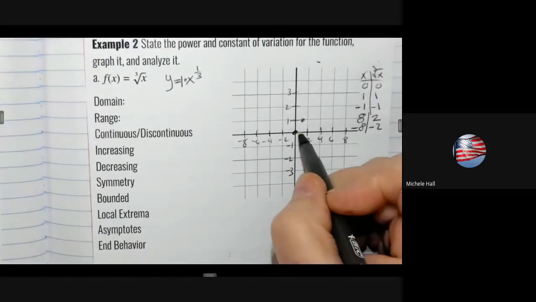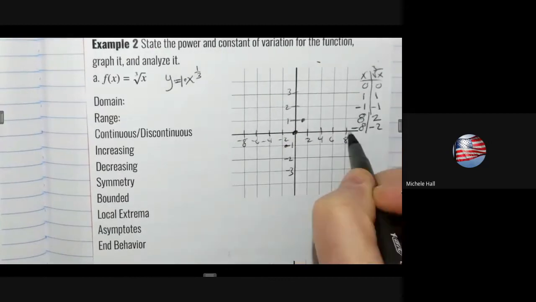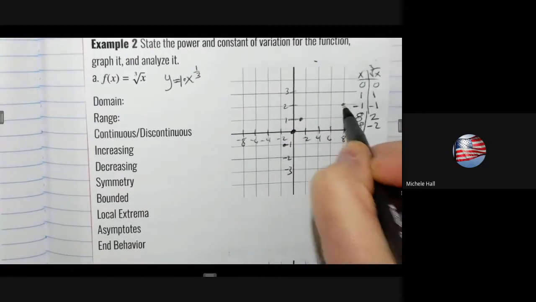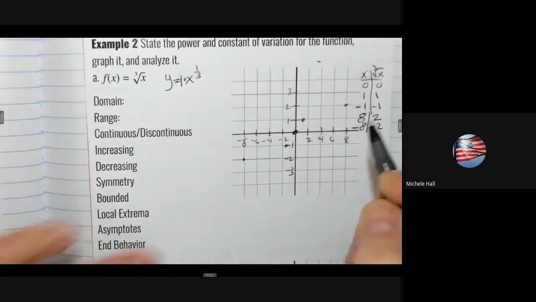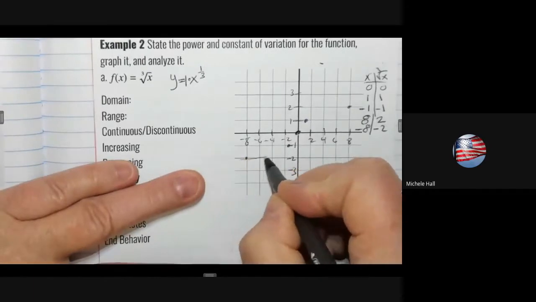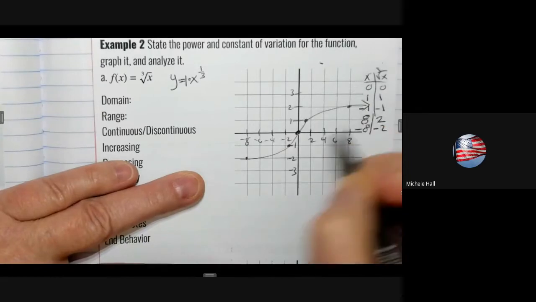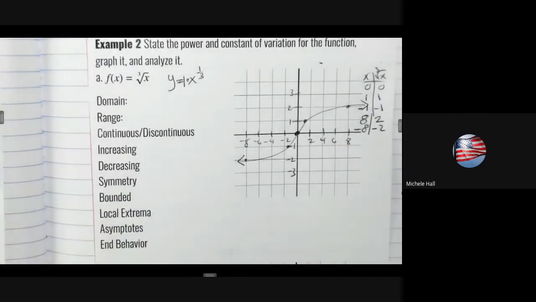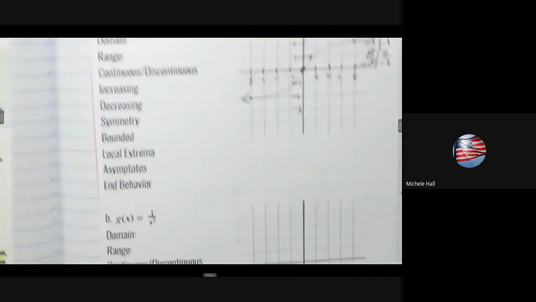So we have -1 is -1, and then 8 is 2, and -8 is -2. And so it looks like this, comes up, and it's changing and going. This is what a cube root looks like. If I turned it sideways, it would look like a negative cubic. When I have it going the right direction, it is a cube root.